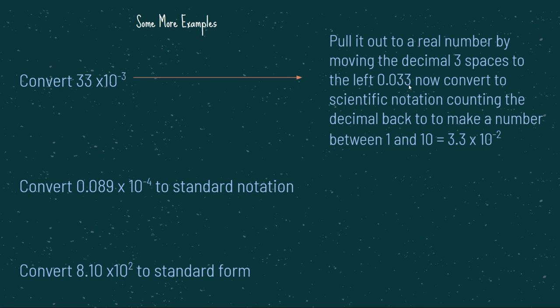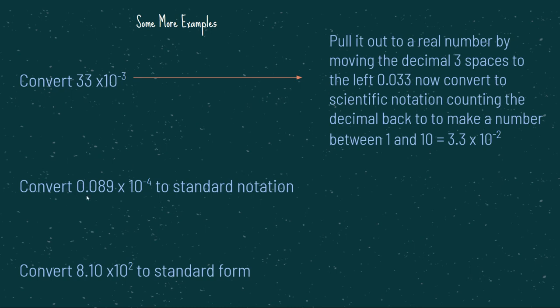Now, when it comes to scientific notation, you're not always going to be asked to put things into scientific notation. Sometimes you're going to be asked to take it out of scientific notation and put it in what we call standard notation or standard form. So really all you have to do is, again, use your understanding of which ways the decimal moves and count.